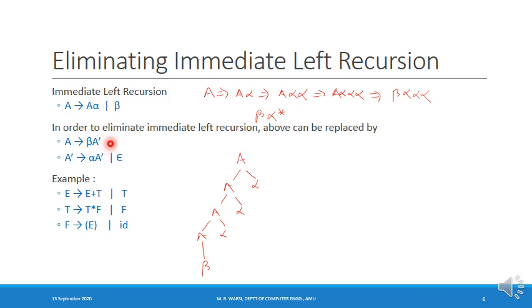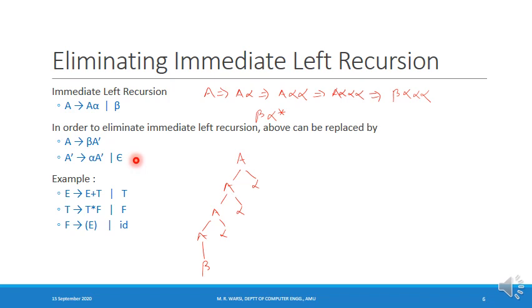First of all, if you examine this, you will find that now immediate left recursion is not there. In this production, the right hand side is not beginning with the same variable. Here also it is beginning with alpha. So the immediate left recursion that was there in this grammar has got eliminated. So if I replace this grammar with this grammar, immediate left recursion will get eliminated.